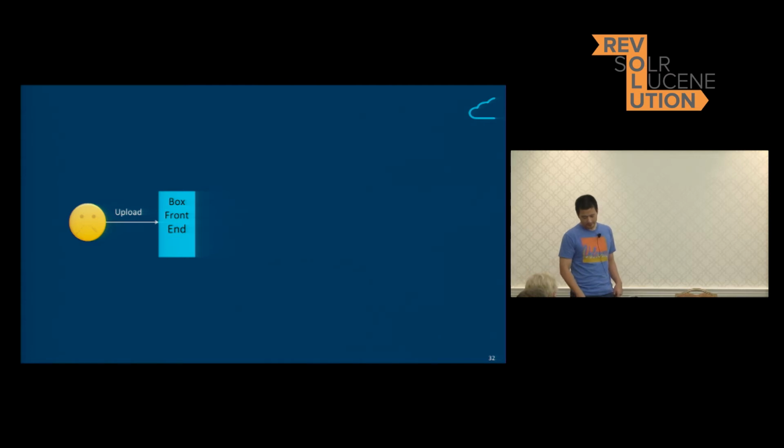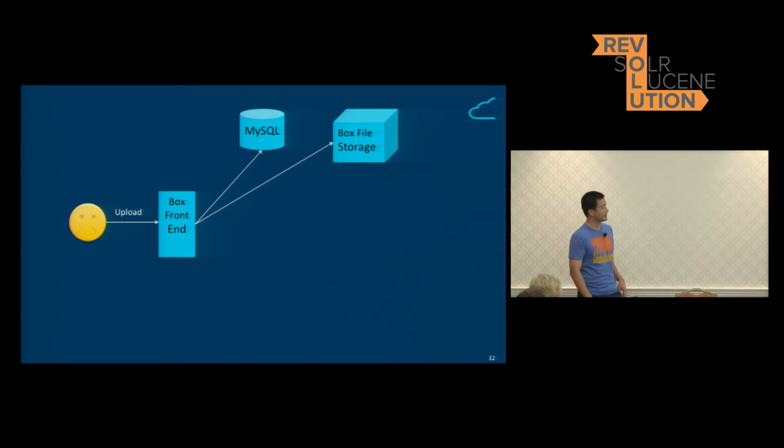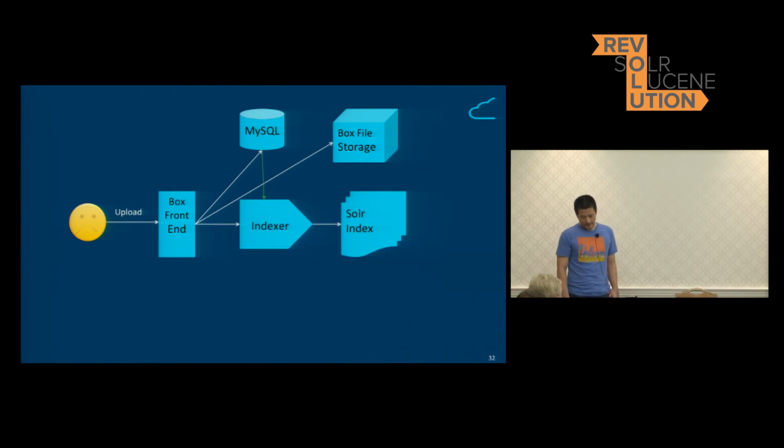During upload, the Box front end gets the upload request, and it records the upload information in MySQL, as well as putting the physical file into our file storage. It also sends an index request to the indexer, which will start indexing immediately.